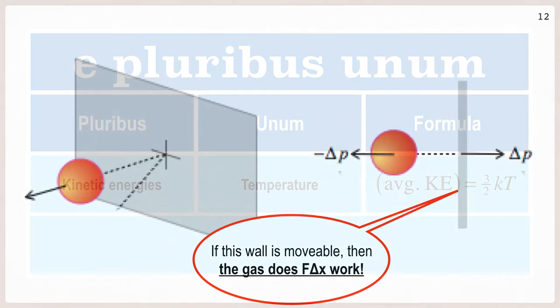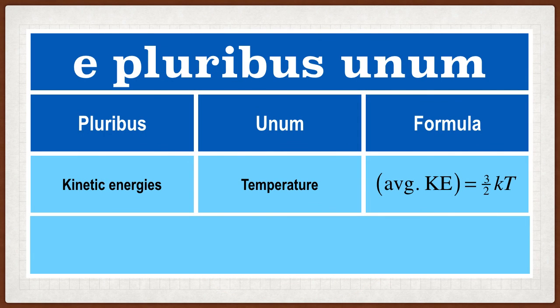Now, all of this is based on the kinetic theory of gases. And the shorthand term I like to use to describe the philosophy of the kinetic theory is e pluribus unum, from many, one. So the pluribus for temperature is the kinetic energies of zillions and zillions of molecules that you cannot see.